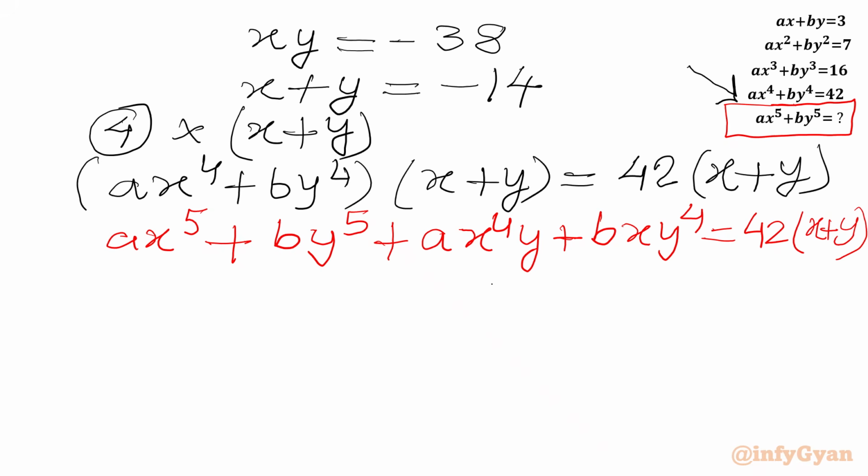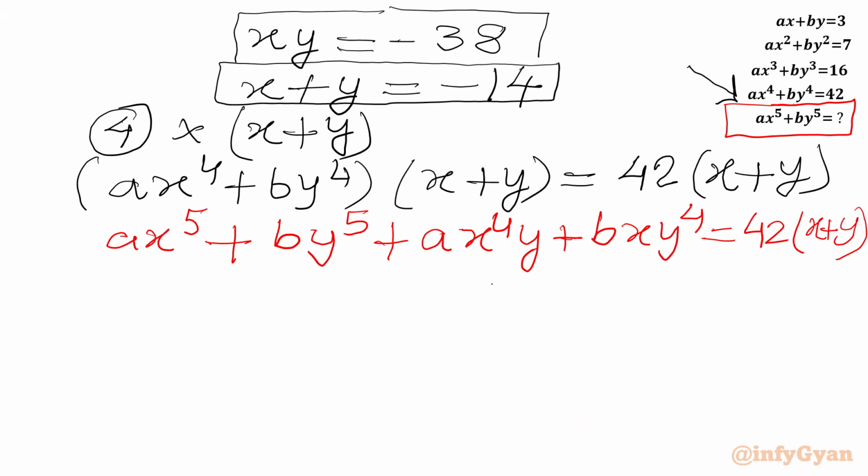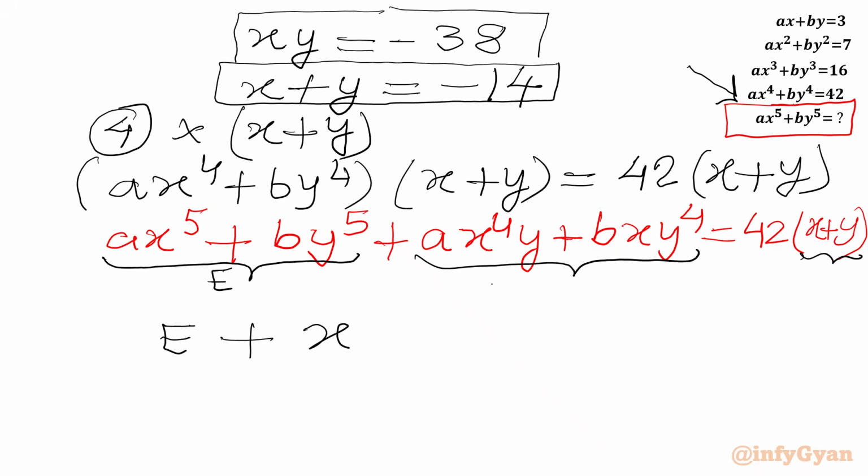Now we have x plus y minus 14, xy minus 38. Let's put that over here. We'll take xy common from these two terms, and here it is the required expression E. We will write E plus xy is common.